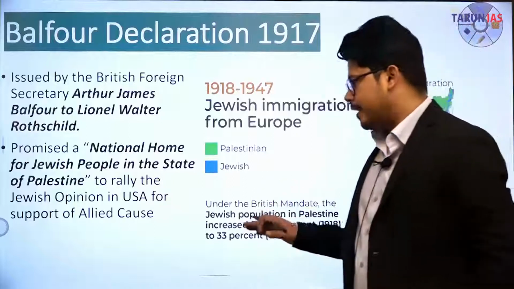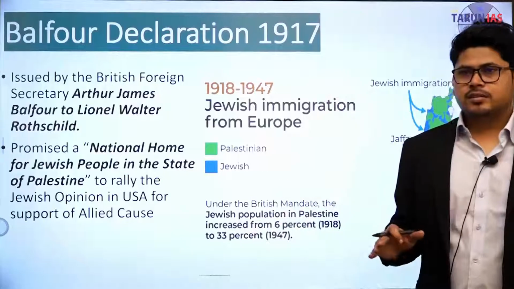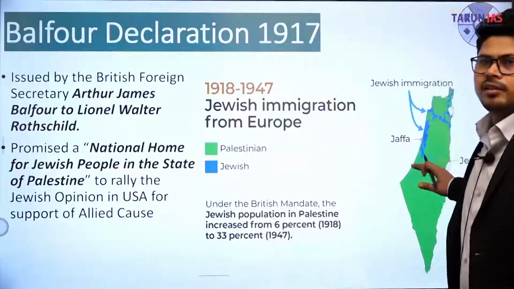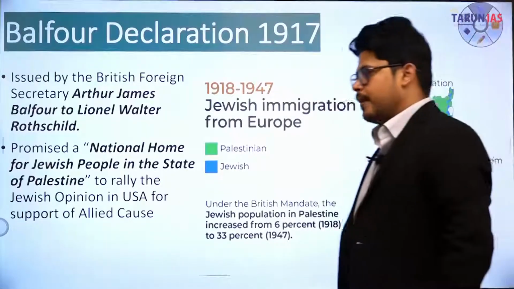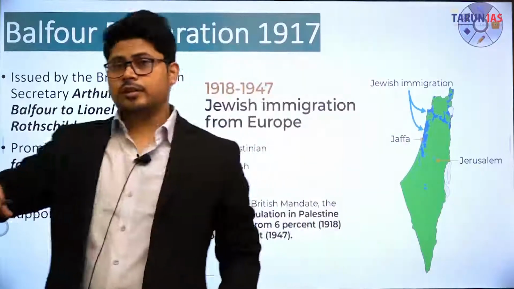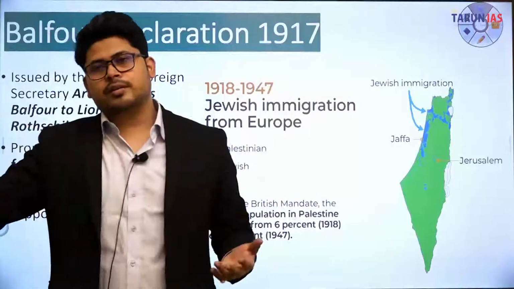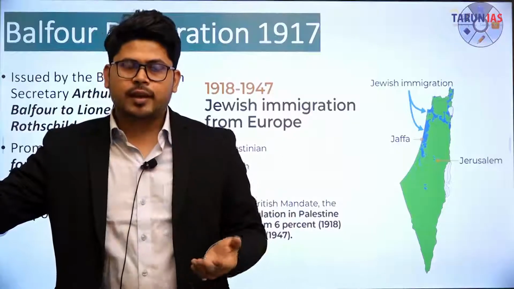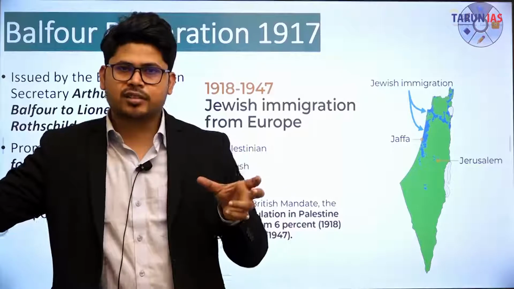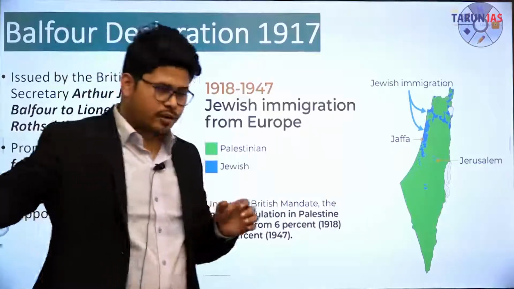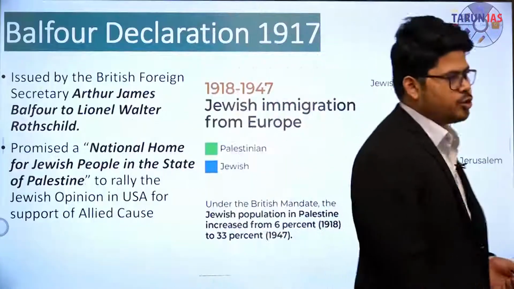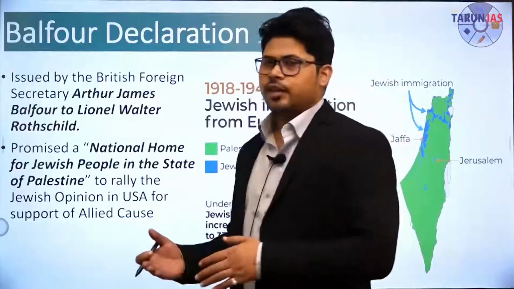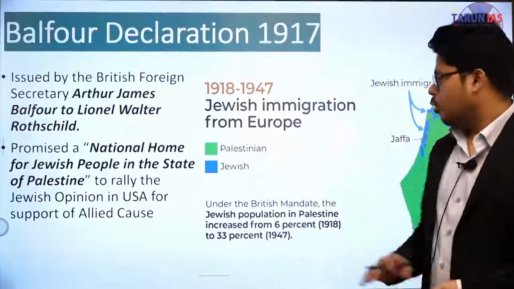Okay, and that means the migration from Europe to the Palestinian area increased drastically, and this migration was further increased a lot by Hitler's onslaught on Jews. ठीक है, 1930s के बाद का जो 1939 एंड पूरा इस टाइम के जो हिटलर का ऑनस्लॉट था जूस पे, उसकी वजह से Jews faced a lot of persecution in the whole of Europe, and due to which they fled to Ottoman Palestine.